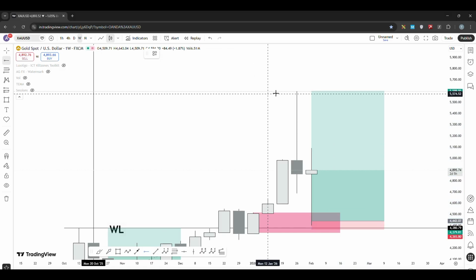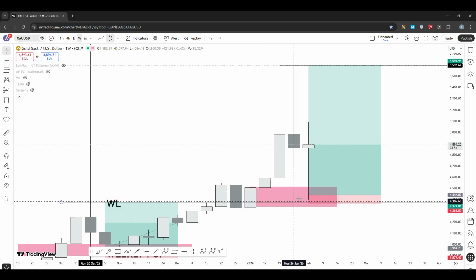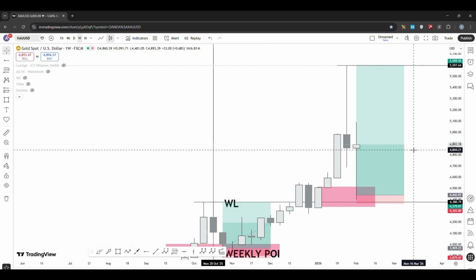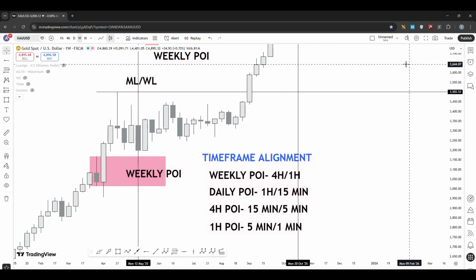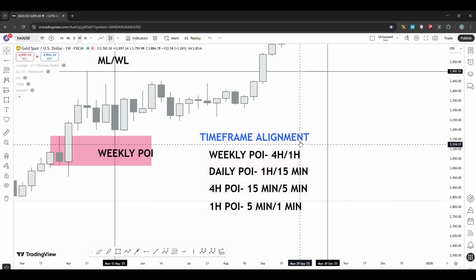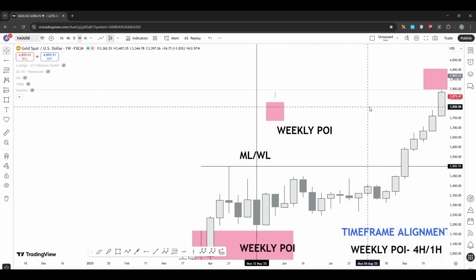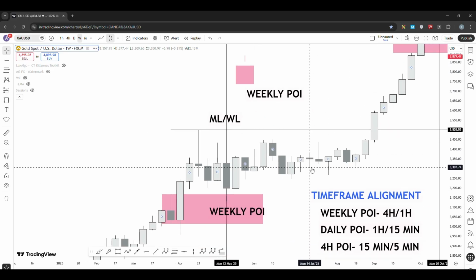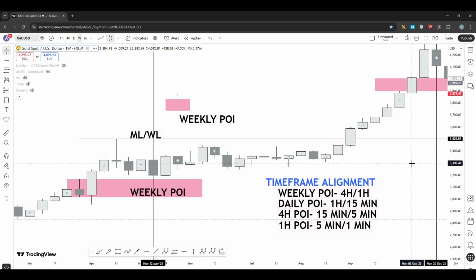This is the weekly liquidity, the weekly candle's high, and this is the weekly POI, right? So weekly POI to weekly liquidity. So this gives your bias, and I've already given you the time frame alignment. Use this to take your entries, and what will be your entry model? It is going to be market structure shift. Okay, so this is how you find the bias of the market.